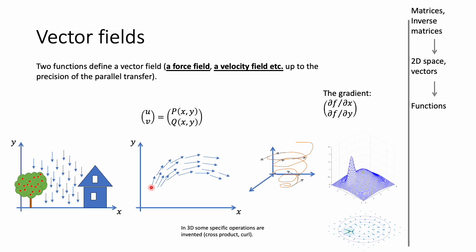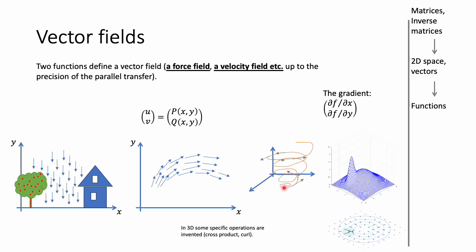And this particle is moving in this space along the curved line tangent to the vector field, to the velocity field. This particle would move this way, this particle would move this way, this particle will move this way.